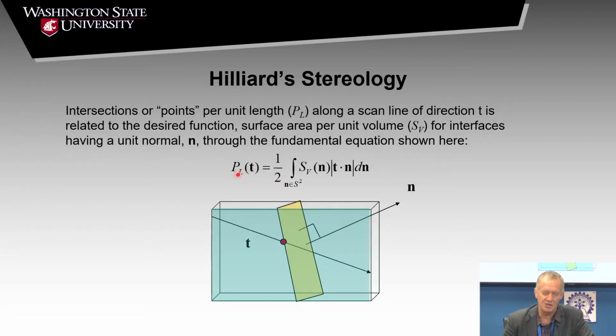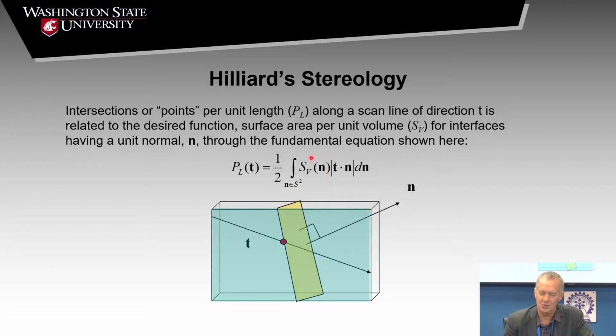This is points per unit length along a scan direction T, right? Not a triple line orientation. This is a scan direction. So if I scan in some direction T, and I intersect a grain boundary plane, and that grain boundary plane has a normal n, then this is called the fundamental equation of stereology for this problem.